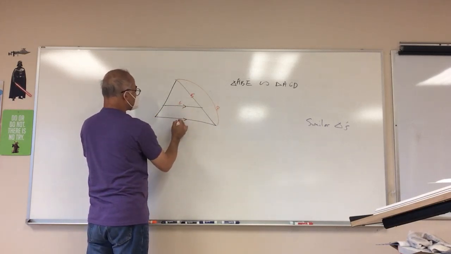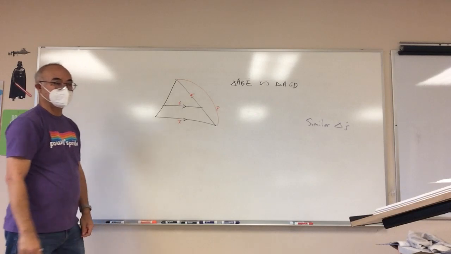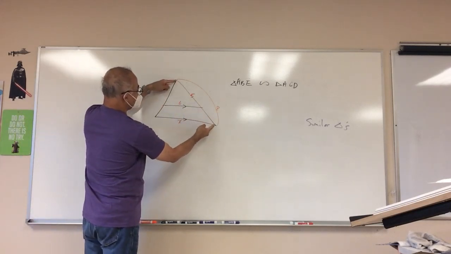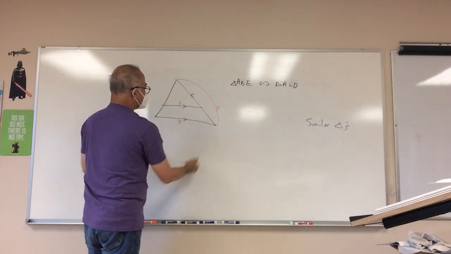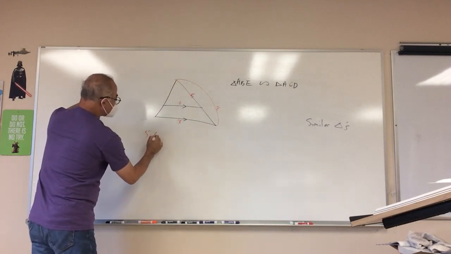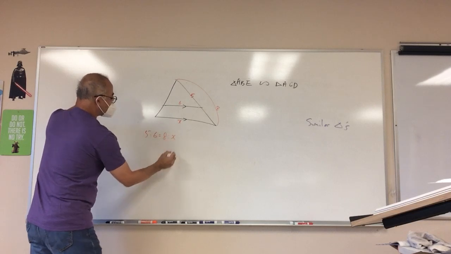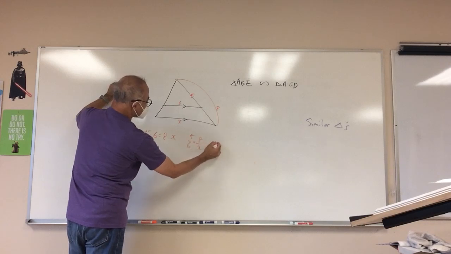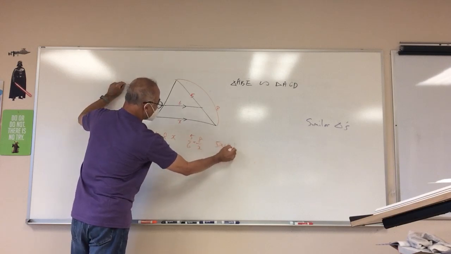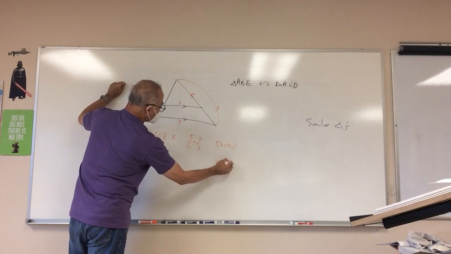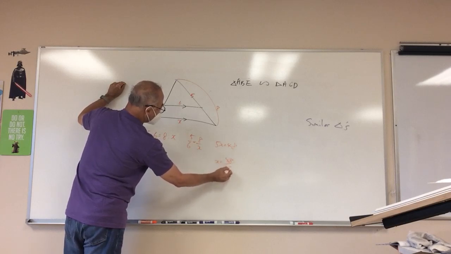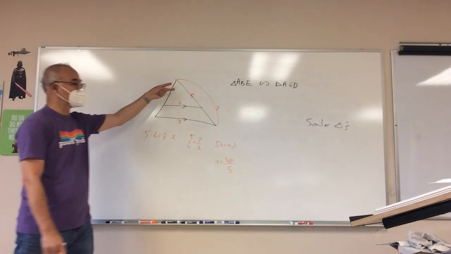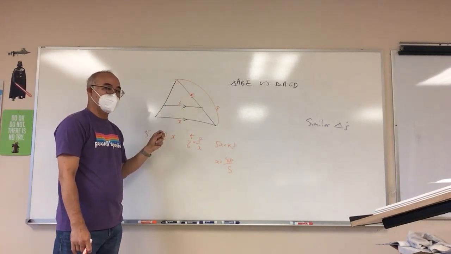And I would say this is 6, what is x? Right, then you have to say this to this is this to this, right? So it would be 5 to 6 is equal to 8 to x. 5 over 6, 8 over x, 5x equals 48. That's equal to 48 over 5. Okay, so this would be an easier version of that same question.